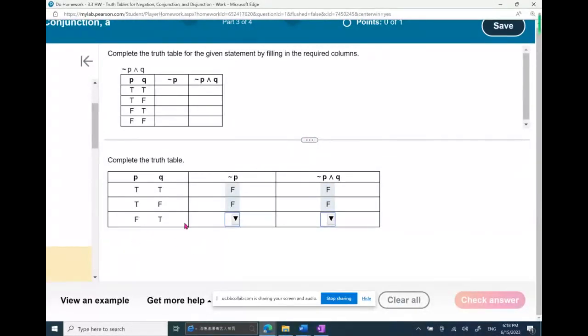Okay. When P is false, not P is true. In this case, component Q is true and component not P is true. That makes the conjunction true, because both of the two components are true.